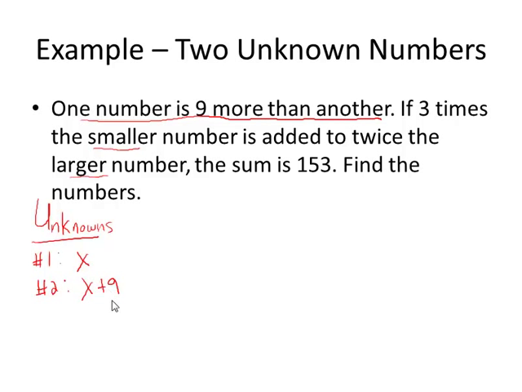Well, adding 9 makes the number larger, so the first number is the smaller number, and the second one is the larger number. Now I'm ready to translate that second sentence into an equation. It says that 3 times the smaller number is added to 2 times the larger number, and the sum is, or equals, 153.